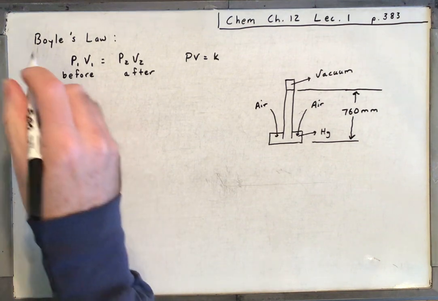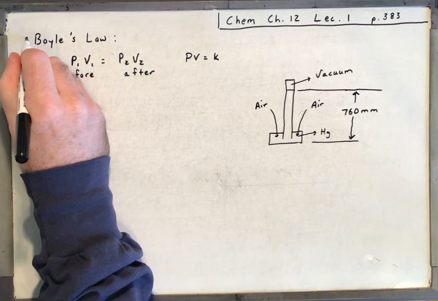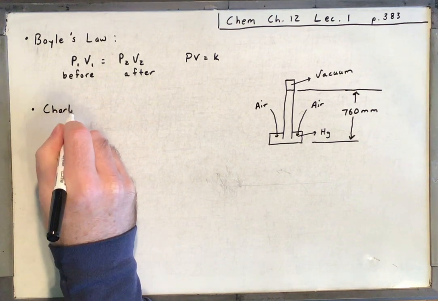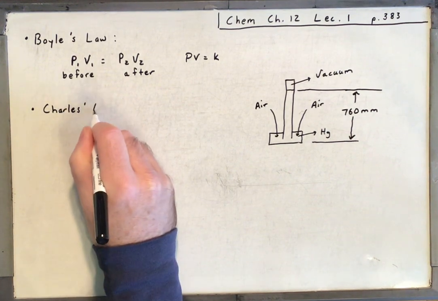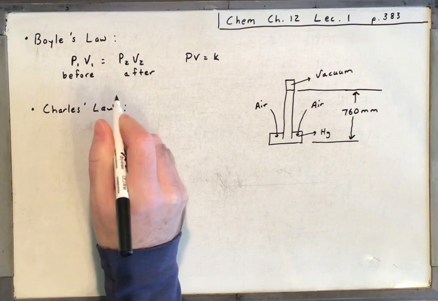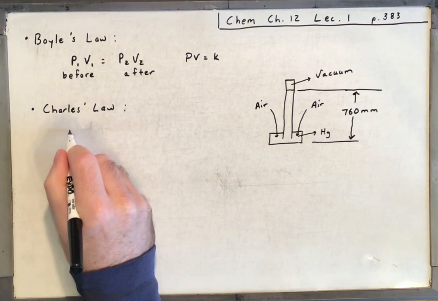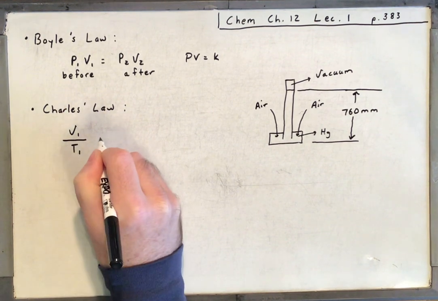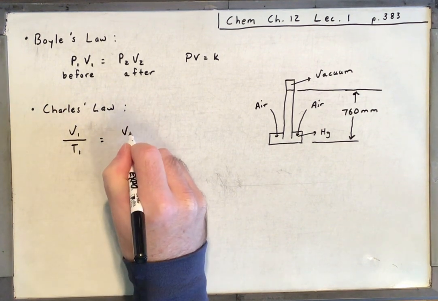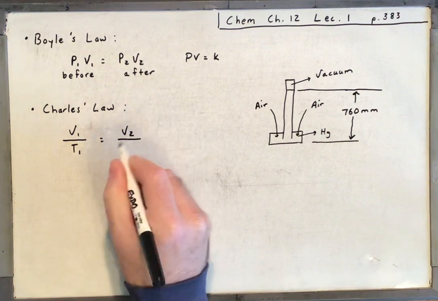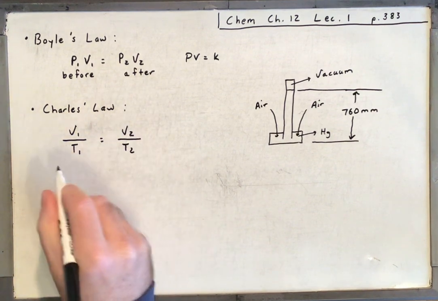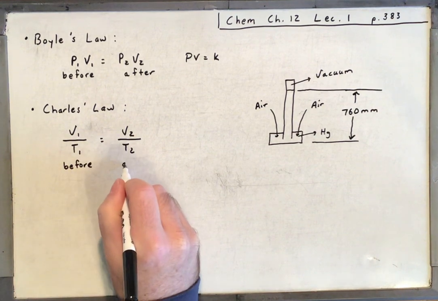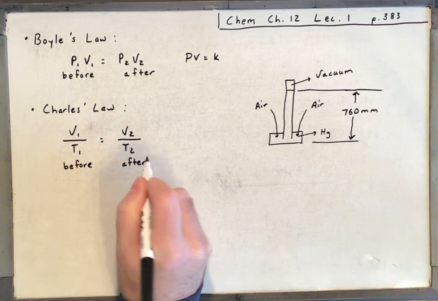I've got links to some videos that talk about that. So that's Boyle's law. Charles's law talks about the relationship between volume and temperature. We can think of that as the initial volume over the initial temperature has to equal the new volume over the new temperature. Again, this is some sort of before and after situation.